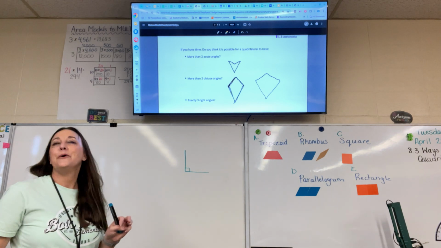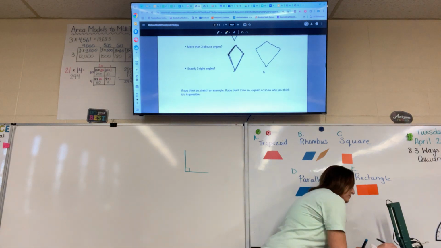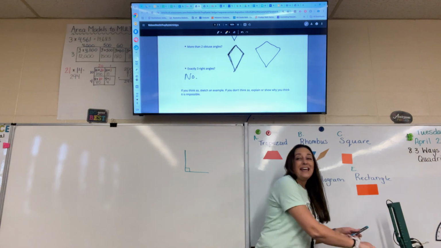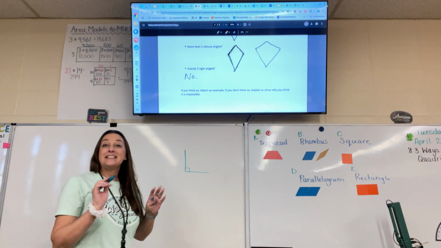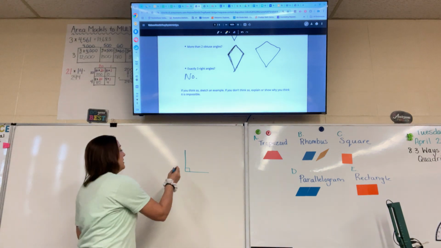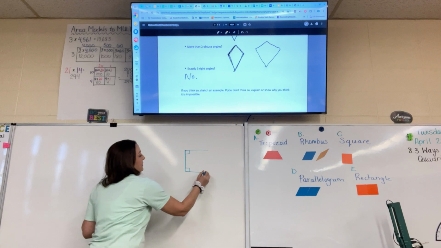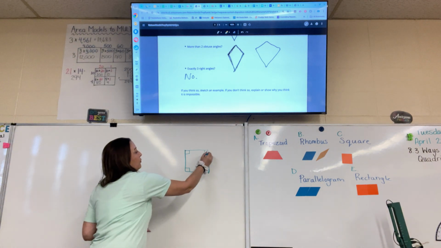No, it is not, because if you're trying to make a 4-sided figure with exactly 3 right angles, you would have a right angle here, here, and here, and you have to have a 4th.